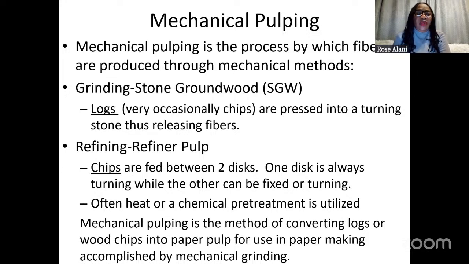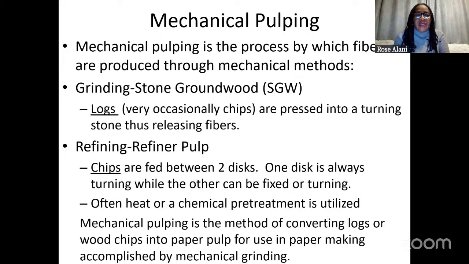Then you have the other one, refiner pulp. This one, you don't use logs of wood, you use chips. The chips are fed in between two discs. One of the discs will be moving and one is fixed. Otherwise, the two discs can be moving in different directions. And then you feed in the chips and it will crush them.